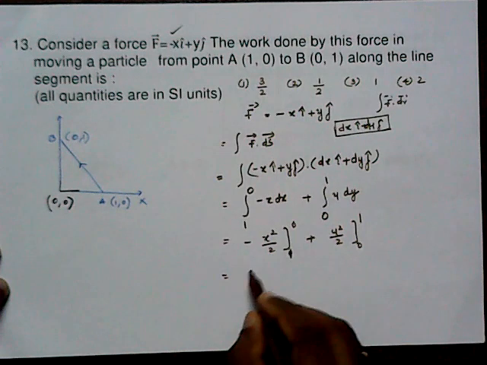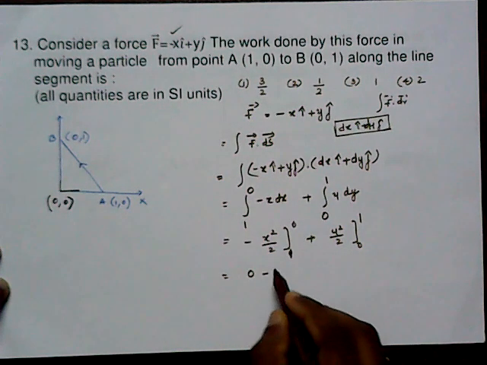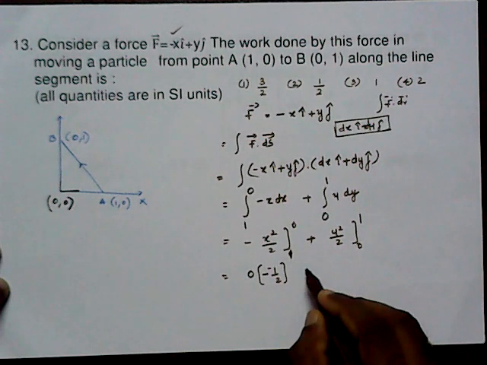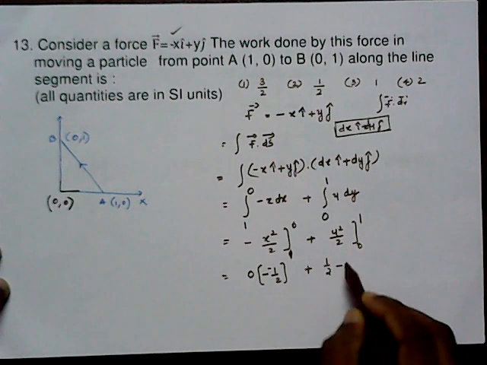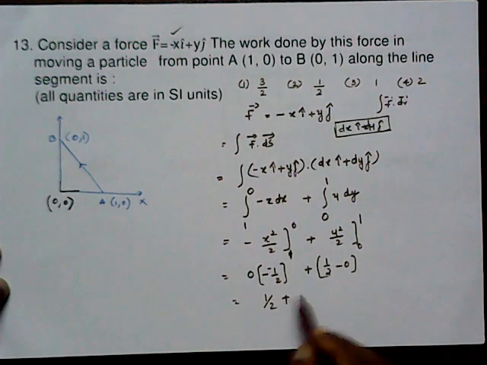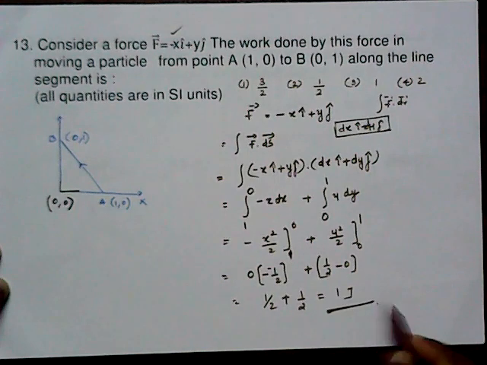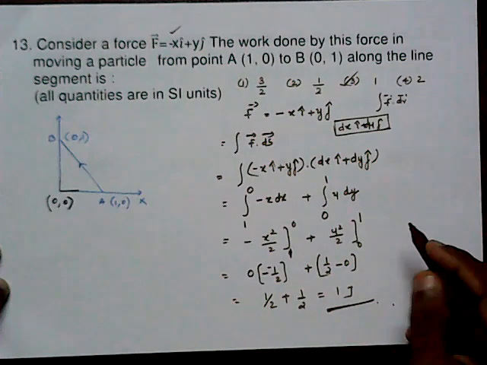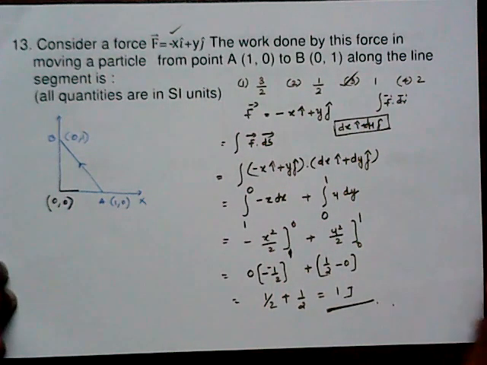So that is equal to 0 minus minus half, plus 1 by 2 minus 0. So it is 1 by 2 plus 1 by 2, and you get the value as 1 joule. So we can code 3 as the answer. A good concept.